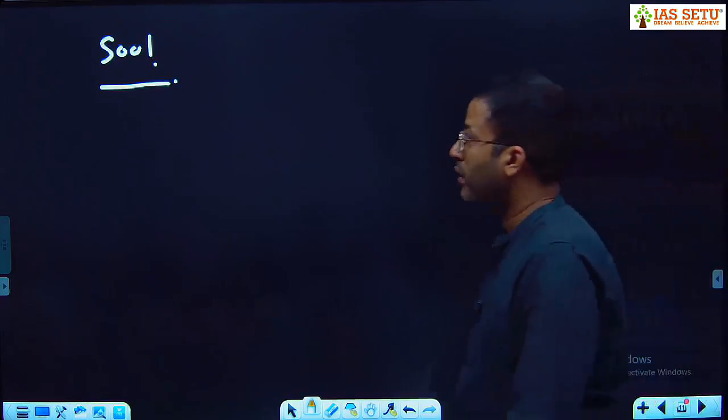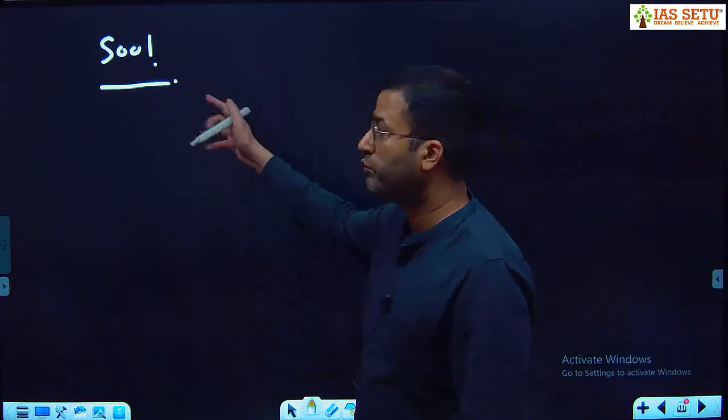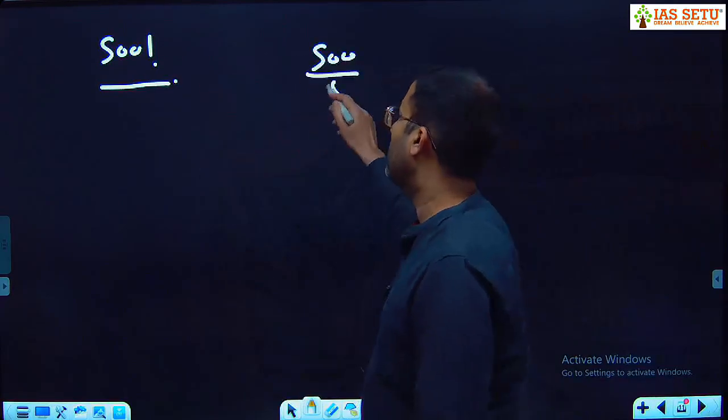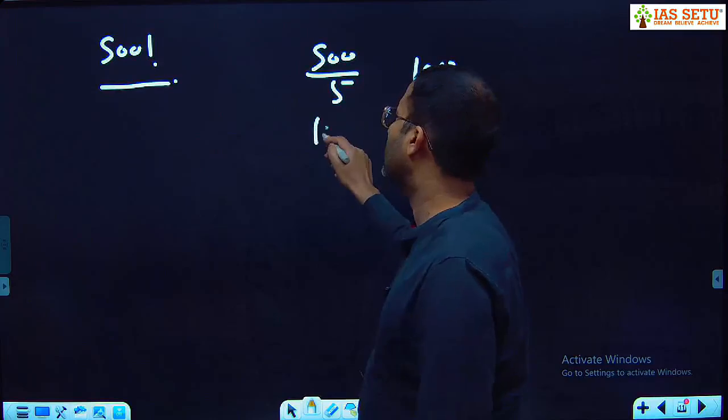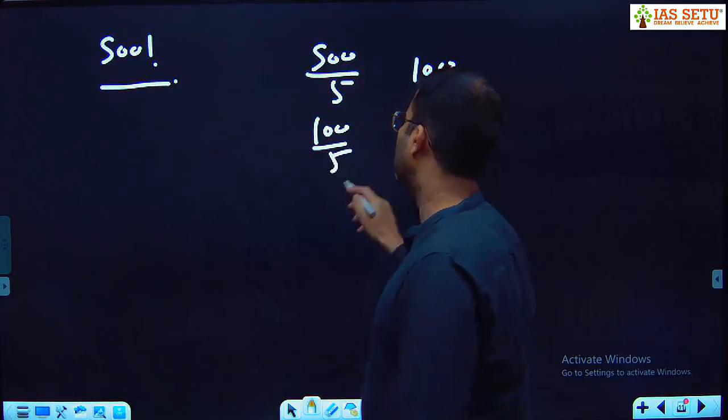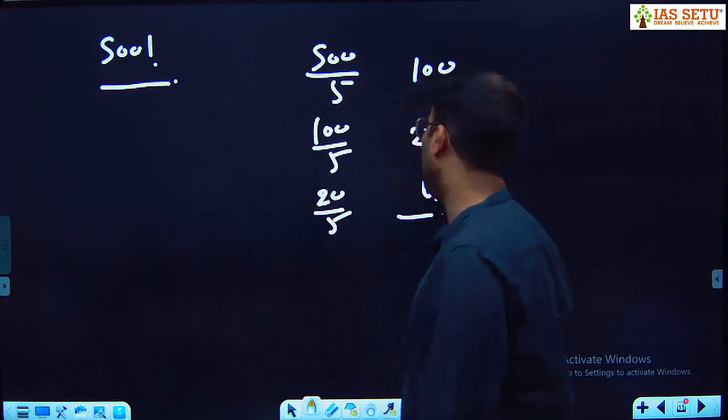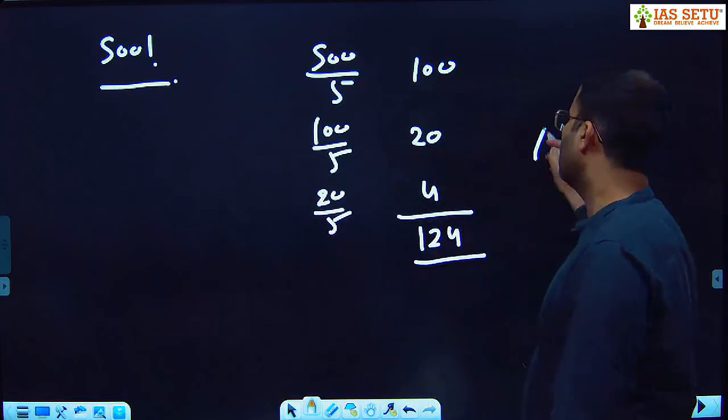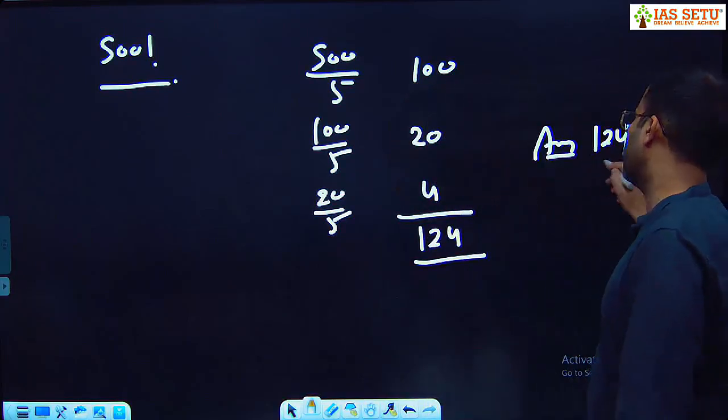Okay, you check the number of 2s, 250 तो वैसे आ रहा है. Check the number of 5s only. 500 divided by 5, 100, 100 divided by 5, 20, 20 divided by 5, 4, it is 124. So our answer here is 124.